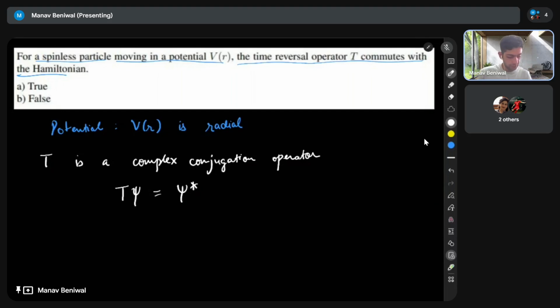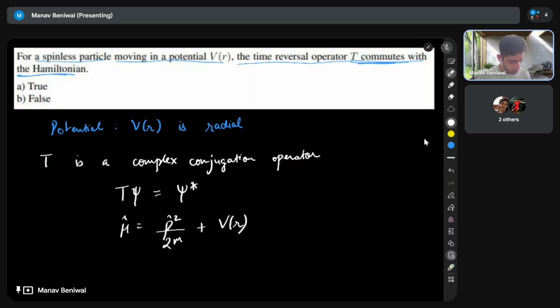Now we have to find out if T commutes with the Hamiltonian. What is our Hamiltonian? It consists of two parts, p square over 2m and a radial potential. We are given that the potential is radial.